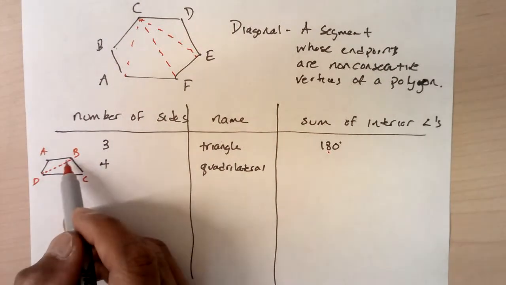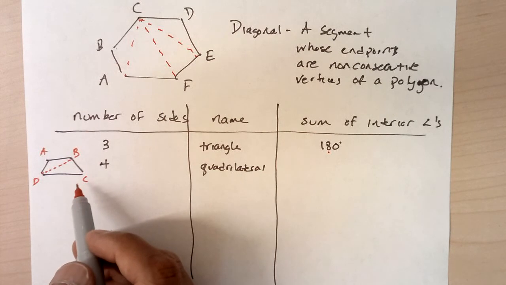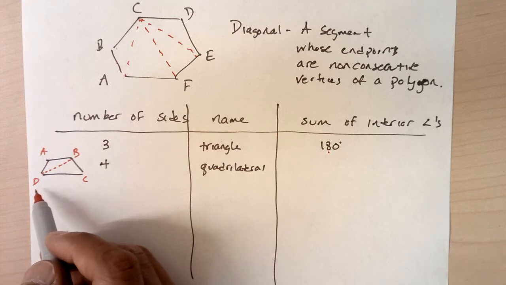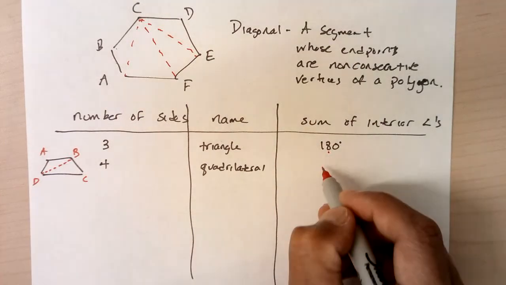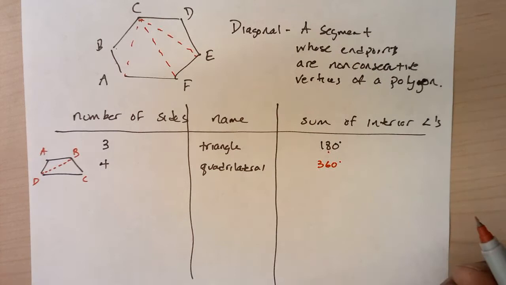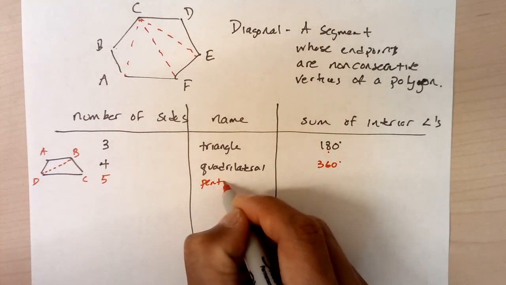The sum of the interior angles of triangle DBC is also 180 degrees. All 6 of those angles make up all 4 of the angles of the quadrilateral. If I take 180 plus 180 or 180 times 2, the sum of the interior angles of any quadrilateral is 360 degrees. A 5-sided figure is a pentagon.